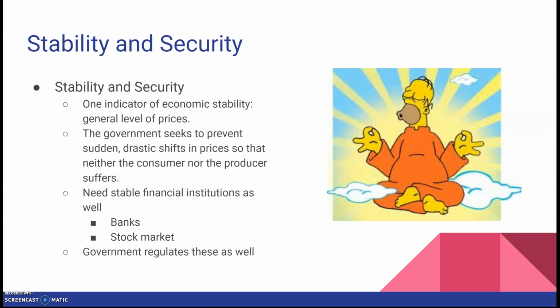The best thing that we can have for security and stability are the general level of prices. If prices are healthy, and when I say healthy, meaning the consumers can purchase them, can buy them, and they are able to be happy with that, that is healthy. So if there's a surplus of cars because people can't afford cars, that would be a bad thing and not be the most stable market for that.